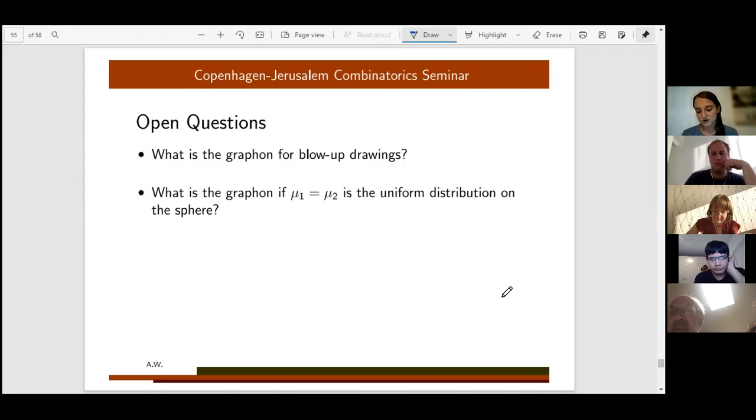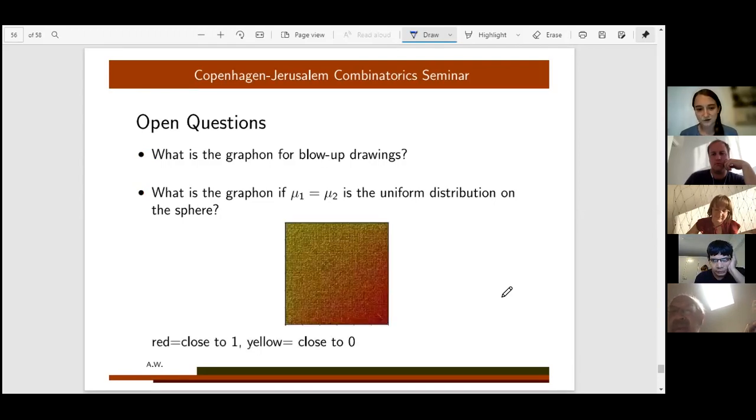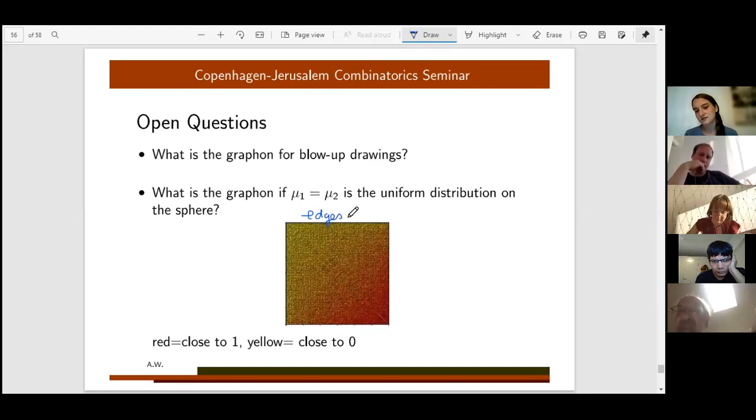One thing that we could not really compute, well, first of all, we made a guess. At the beginning we thought that the graphon might look like this. How to read this: at the top will be edges of the drawing, because vertices in the crossing graph are edges of the drawing.